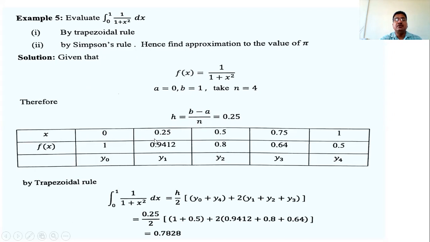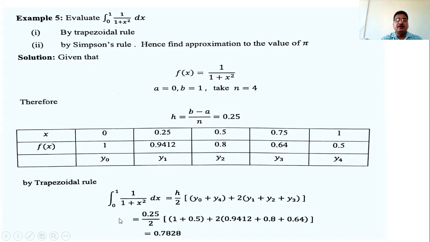So here is 0. Then add h, and the next values are obtained, and the corresponding values of f(x) or y are what? Substitute x = 0, x = 0.25, x = 0.5, 0.75 and 1, and we get the values of f(x) or y. And these values are y0, y1, y2, y3, y4.